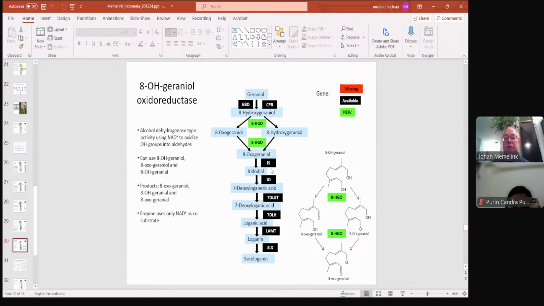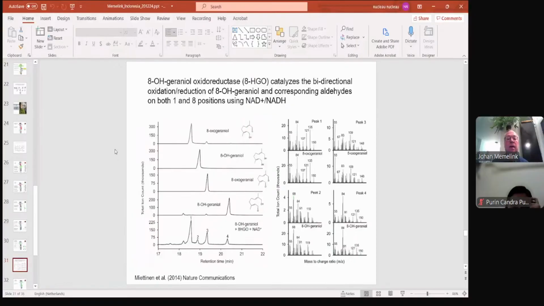So this enzyme was also coming out of the co-expression analysis and was analyzed in Leiden. And this is the chemical analysis of this enzyme by HPLC. So here we have the different compounds that were made by the chemical company Chiralex.